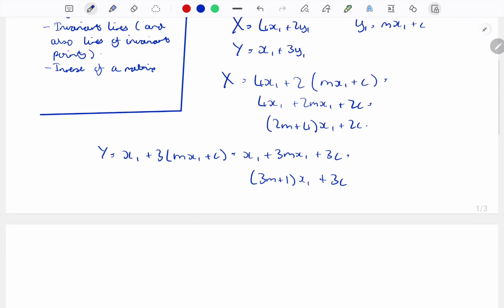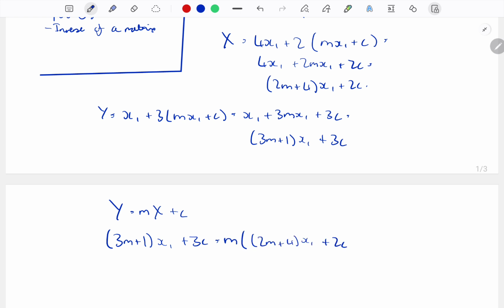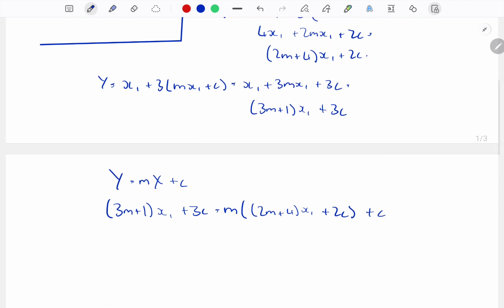So we also know that big X, big Y exists on the same invariant line. So big Y is equal to m big X plus c. So (3m plus 1) x1 add 3c is equal to m times ((2m plus 4) x1 add 2c) plus c.